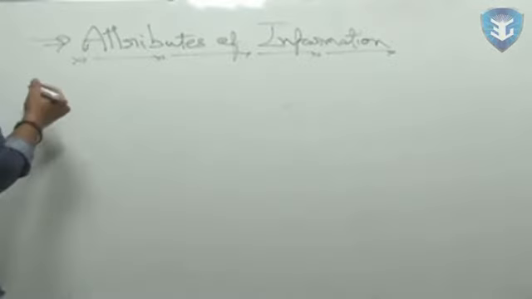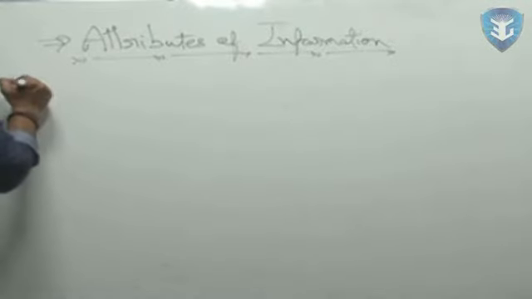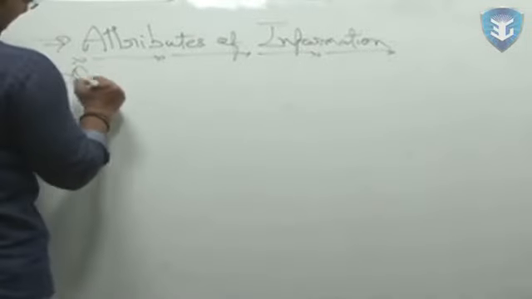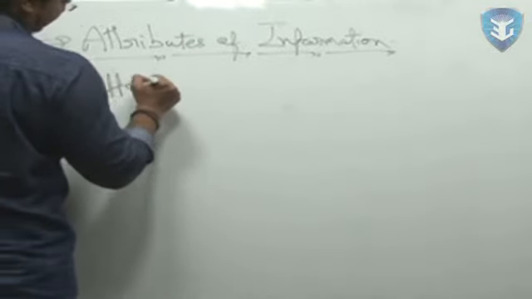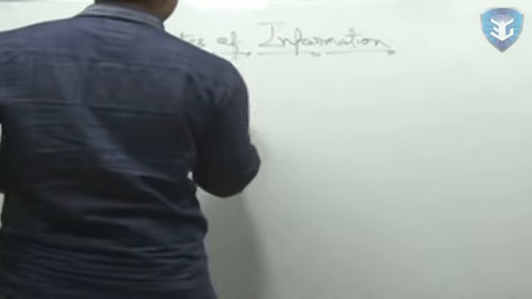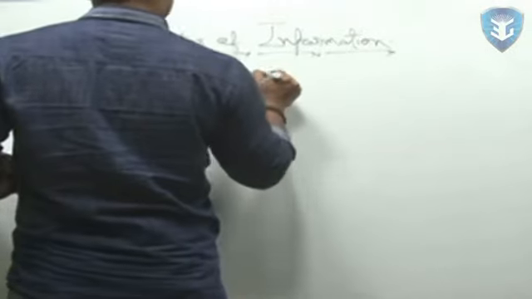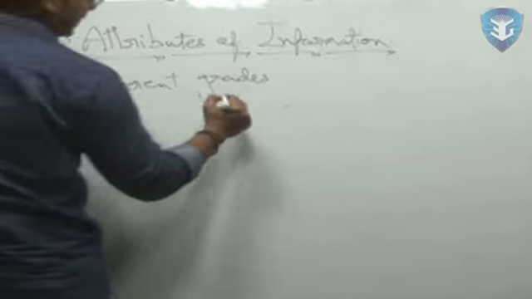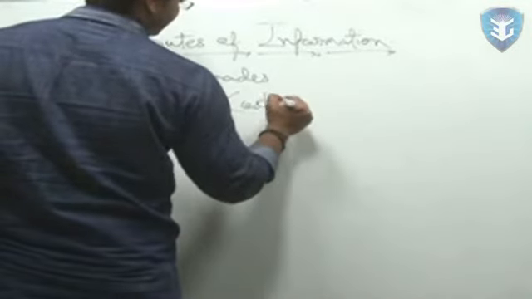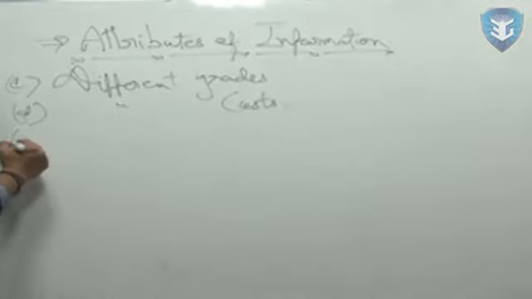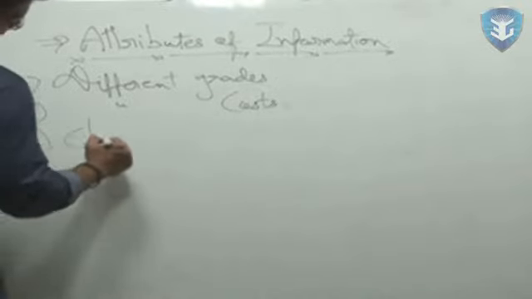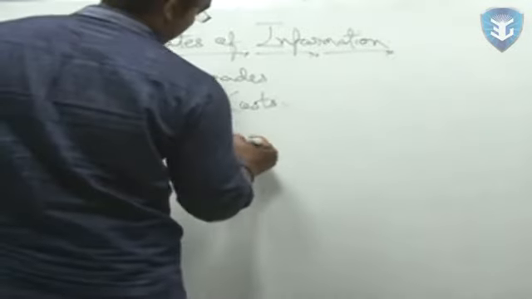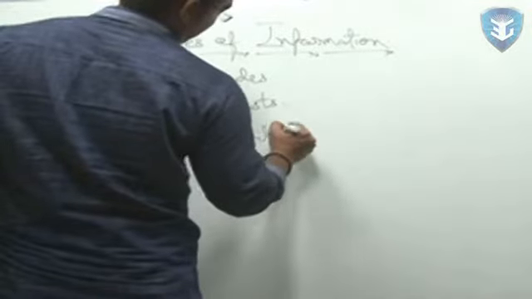The next one is that information has different grades. It has different costs, and choices are available for a certain kind of information.